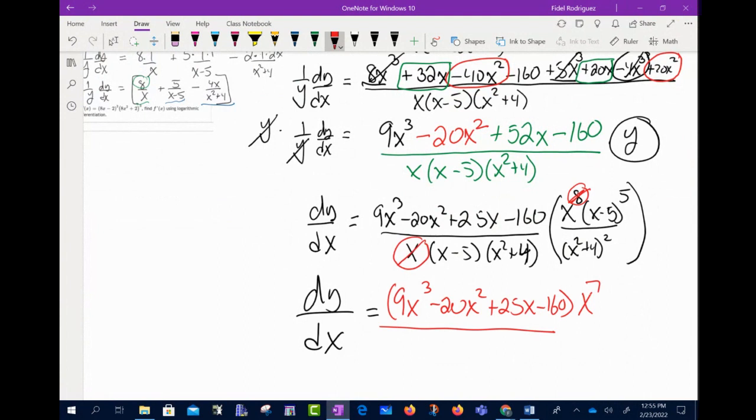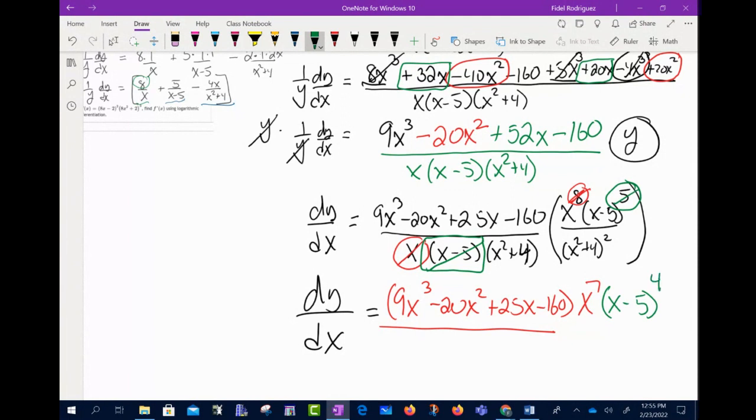Okay, next question. Do you agree that this x minus 5 on the bottom will cancel with one of those x minus 5s on the top? Because on the top, there's actually an x minus 5 to the fifth. And on the bottom, there's an x minus 5. So if I cancel this one here with one of those, aren't I still left with an x minus 5 to the fourth?